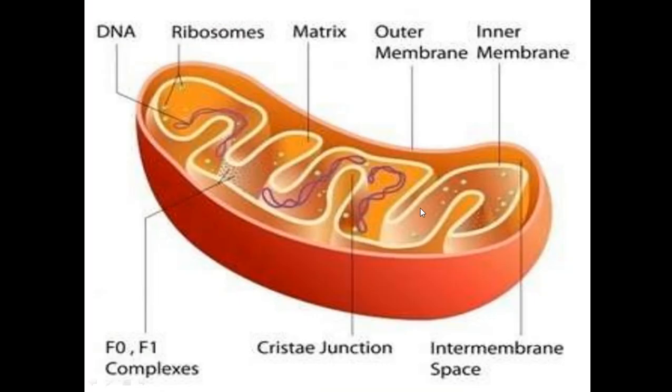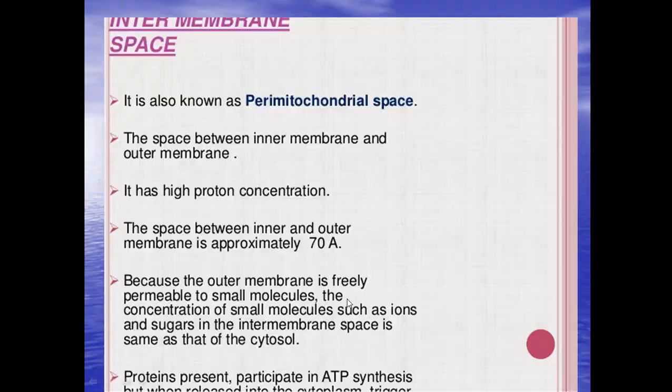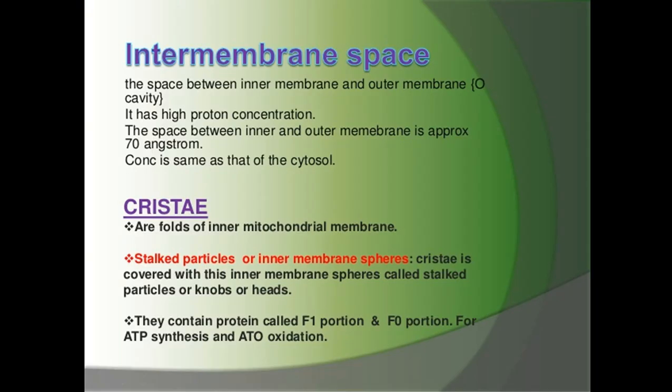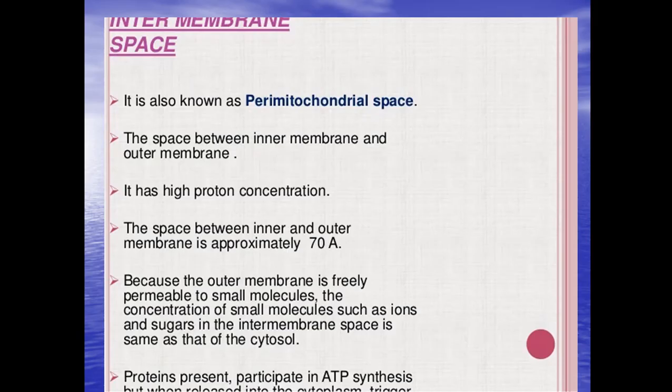Probably in earlier photographs, you can see these knob-like or head-like things on the inner membrane. They are called stalked particles, knobs or heads. And these heads contain two regions, the F1 portion and the F0 portion, for ATP synthesis and oxidation.